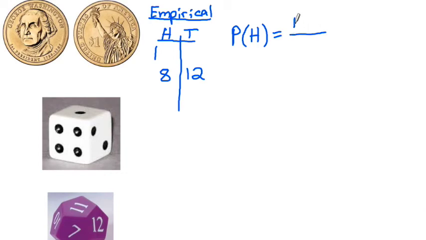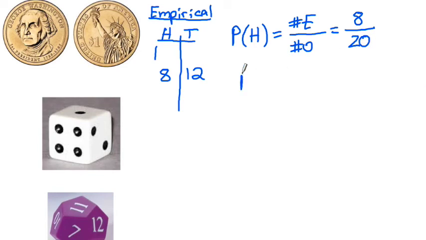if we do the number of events over the number of outcomes, the events would be the heads that showed up, and the outcomes would be the sum of the 2 numbers, either heads or tails. So that'd be 8 plus 12, which is 20.